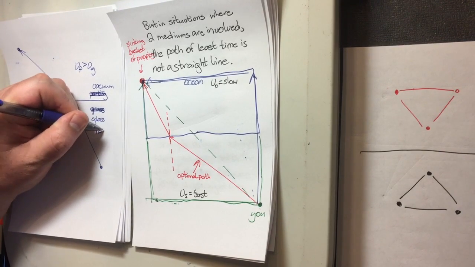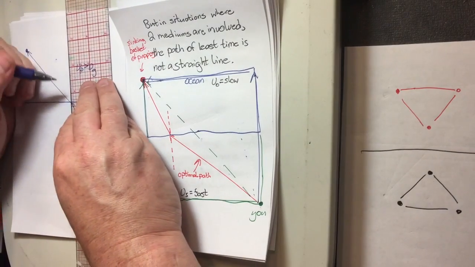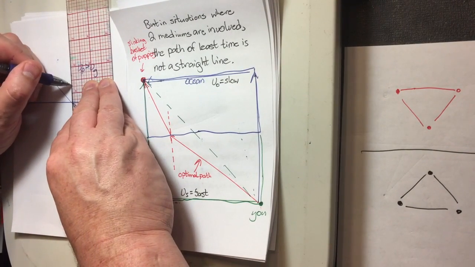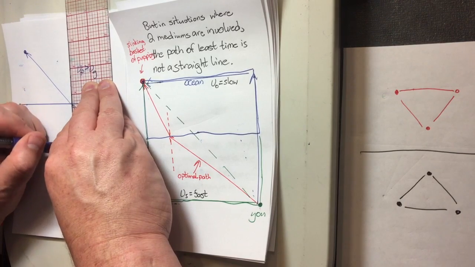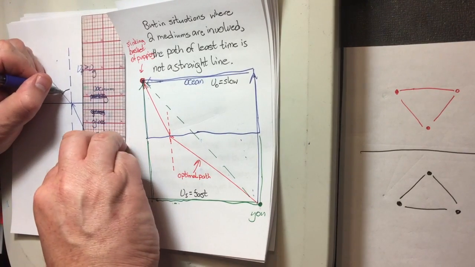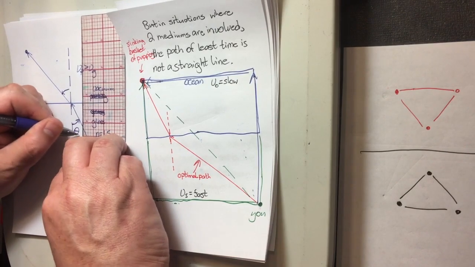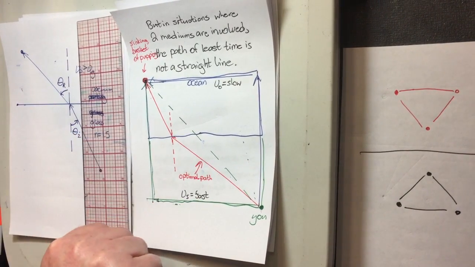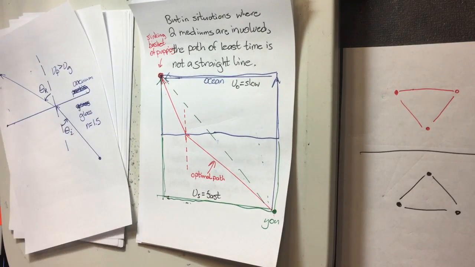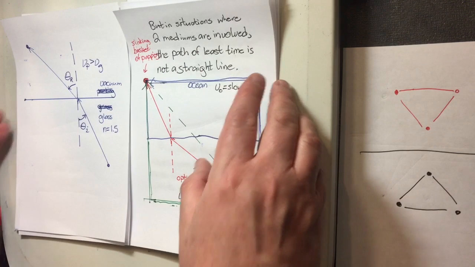The index of refraction of glass is 1.5. And I'm going to ask for the relationship between the angle of refraction and the incident angle.